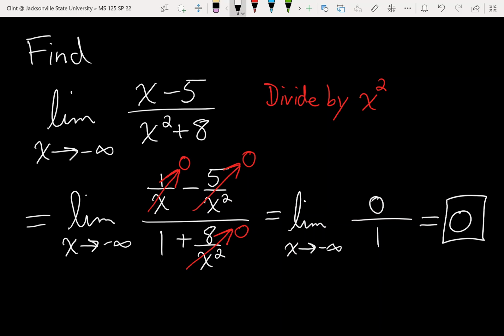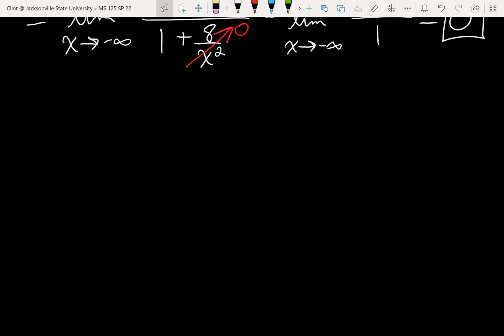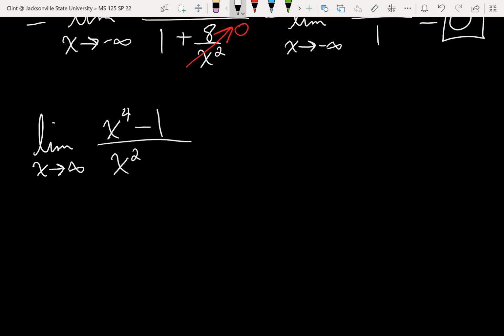Let's try another one. Limit as x approaches infinity of x to the 4th minus 1 over x squared plus 2.